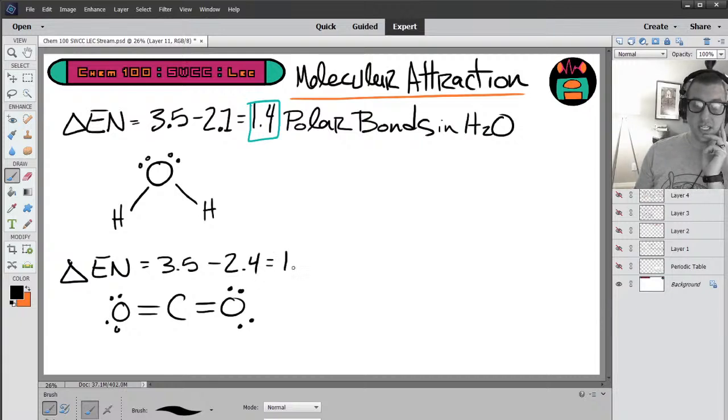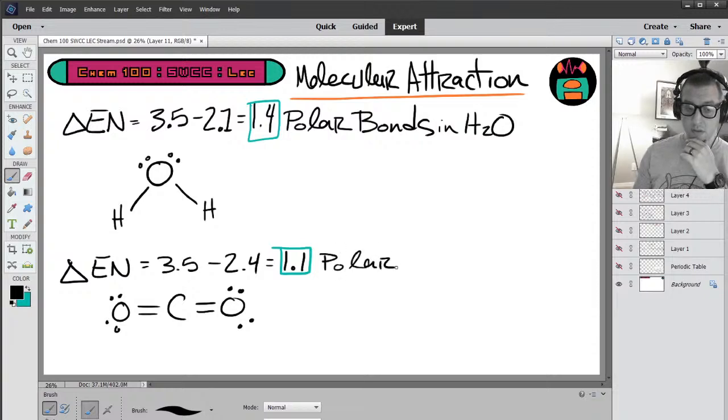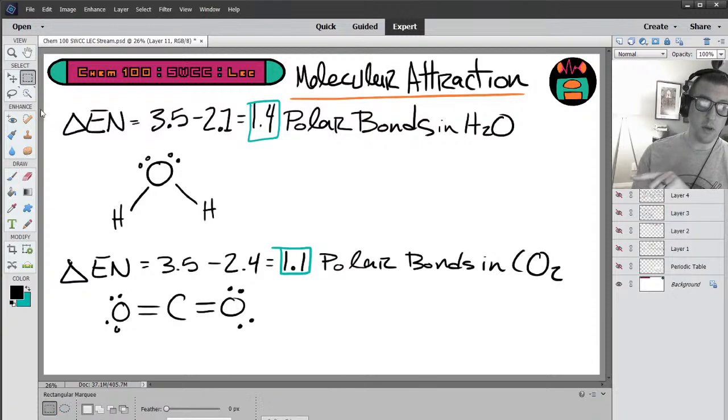So this electronegativity difference is 1.1, and 1.1 is in between 0.5 and 2. So we're dealing with polar bonds in carbon dioxide. So both of these molecules have polar bonds.